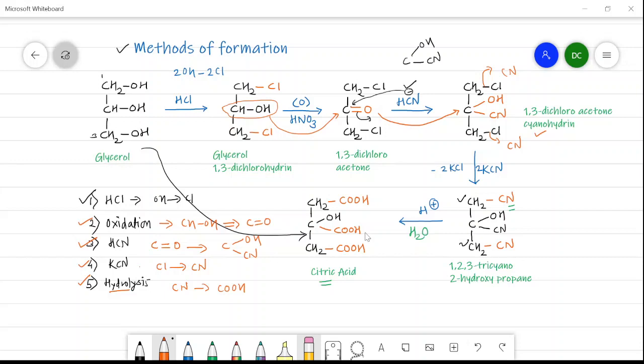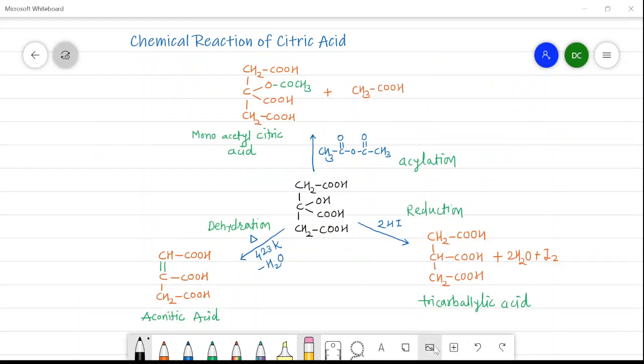Now, in the last point, we will see the chemical reactions of citric acid. In the chemical reactions of citric acid, we will discuss the acylation reaction, reduction reaction, and dehydration reaction. The first reaction is the acylation reaction.